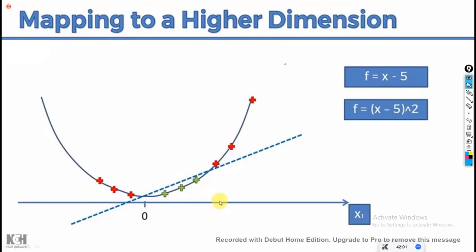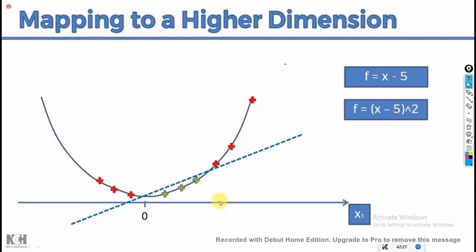But for each variable, it will increase the degree. If you are having TV, radio, newspaper, you get TV square, radio square, newspaper square. Similarly here, if three variables are there, the first variable will be increased to a higher degree, the second also, and the third also. If 10 variables are there, 10 variables will be increased to a higher degree.